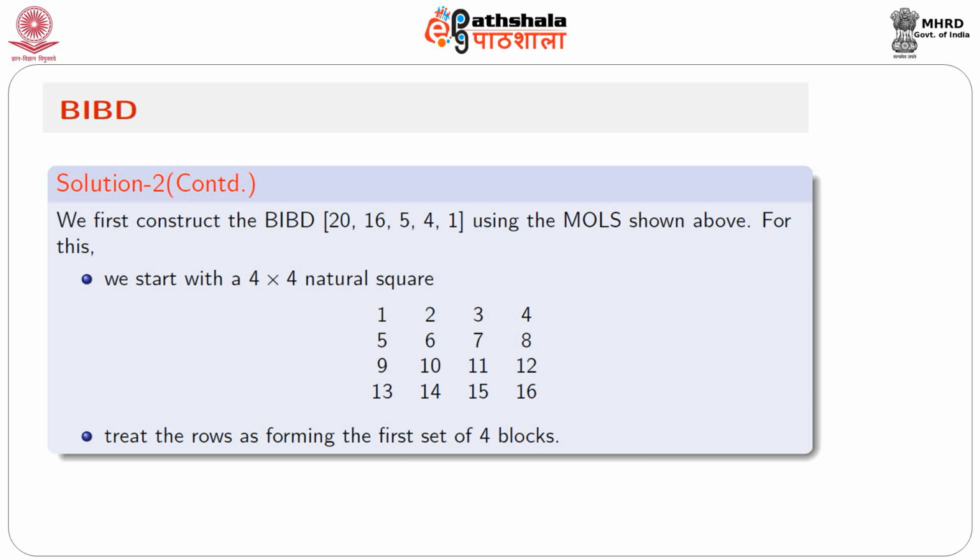Now we first construct the BIBD with B equal to 20, V equal to 16, R equal to 5, K equal to 4, lambda equal to 1, using the modes as shown above. For that, we start with a 4 by 4 natural square, 1, 2, 3, 4, 5, 6, 7, 8, etc. This tells you that you are dealing with 16 treatment symbols, V equal to 16.